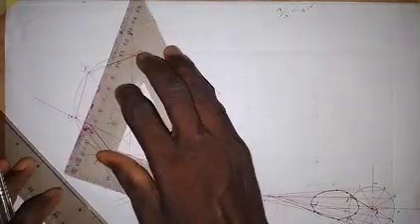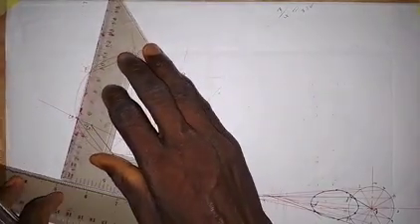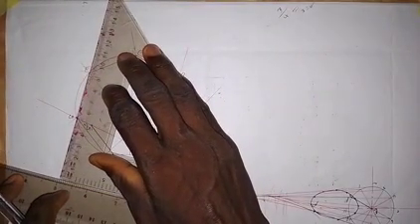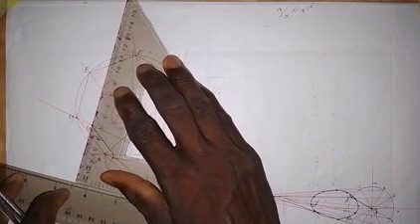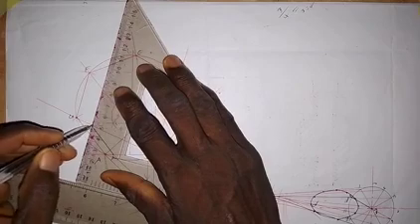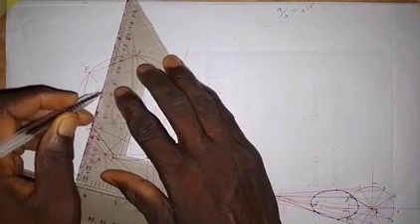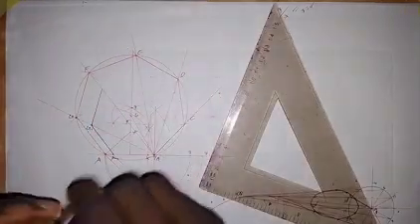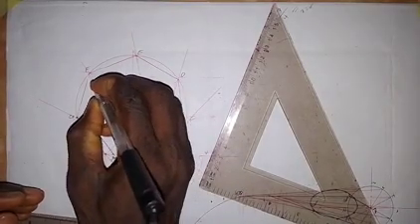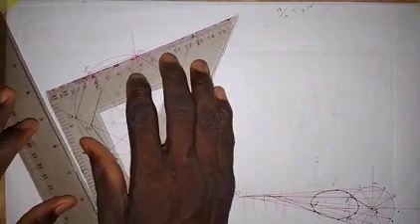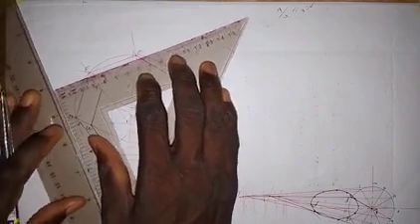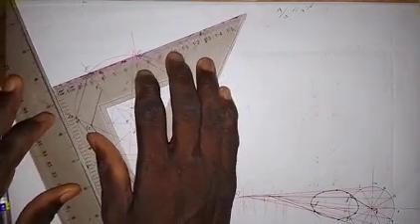Then for F1, I will also set my set square along this line, and then I will shift it to point G1 and I will draw. Okay, so this is point F1. Okay, then we need to get point E1, so I will set my set square along EF.